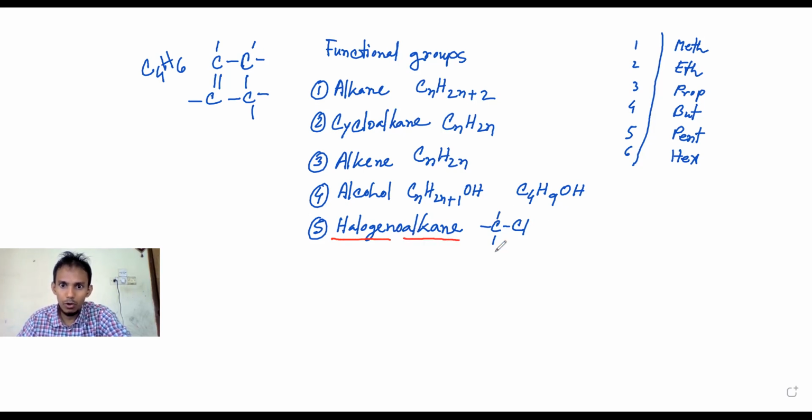All the bonds are carbon-carbon single bond, and there are halogens present, so they are halogenoalkane. So this is chloromethane, or say if you have more carbon atoms, then it is chloroethane. That's how it goes.